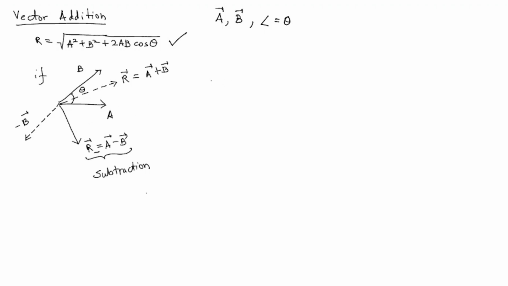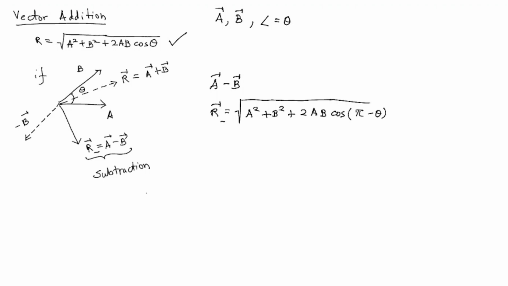If you are having a vector minus b vector, then the resultant can be written as square root of a square plus b square plus 2ab cos pi minus theta. Now the question is, why pi minus theta? Let us see.